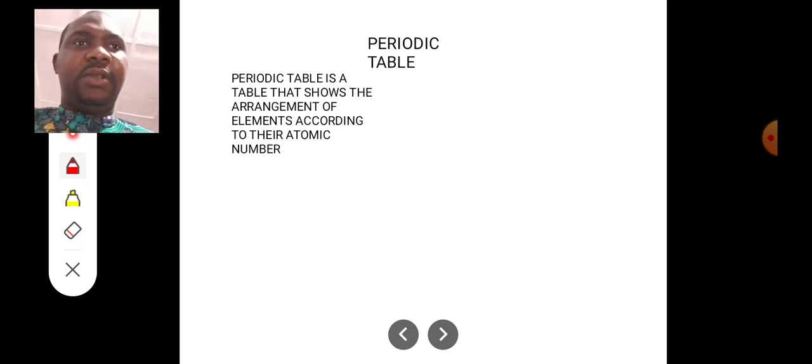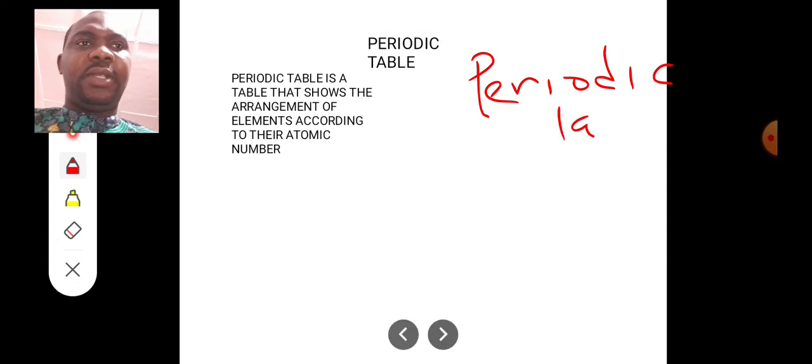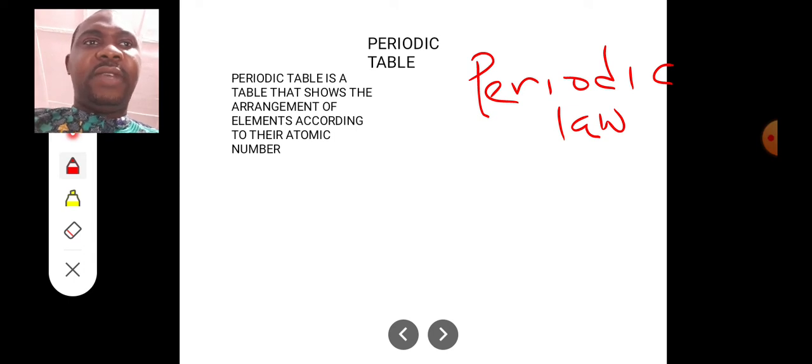That can also lead us to what we call the periodic law. Now, what is the periodic law? The periodic law states that the arrangement of elements in the periodic table is a function of their atomic numbers. Say it again: the arrangement of elements in the periodic table is a function of their what?